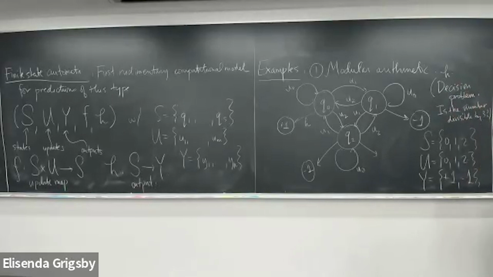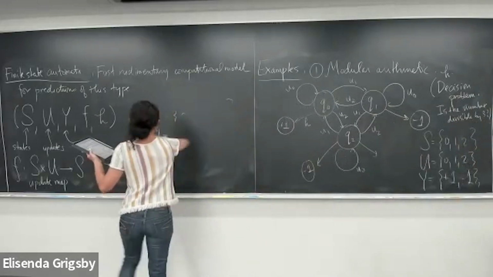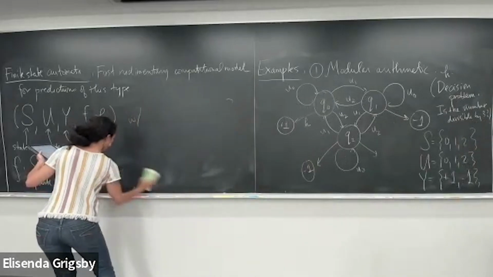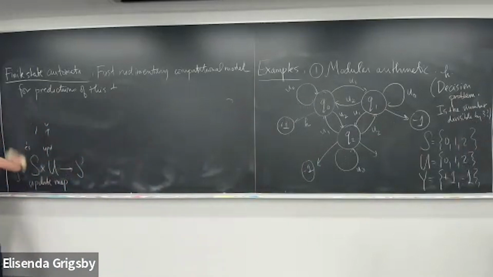What's cool is that there are a lot of situations modeled by finite state automata that you might not expect. I'm just going to give one more example, although it's not going to be a complete example, but I think it's useful to know these kinds of things if you are a mathematician interested in computation.